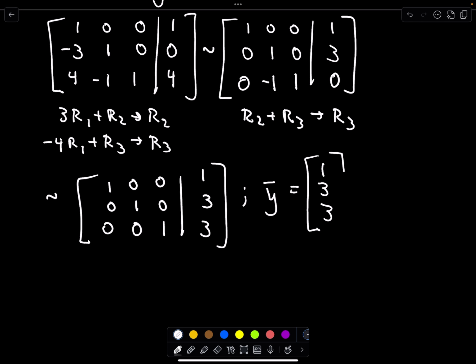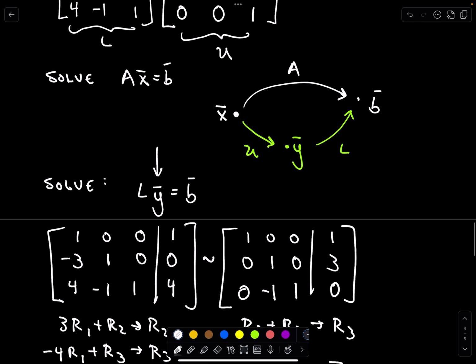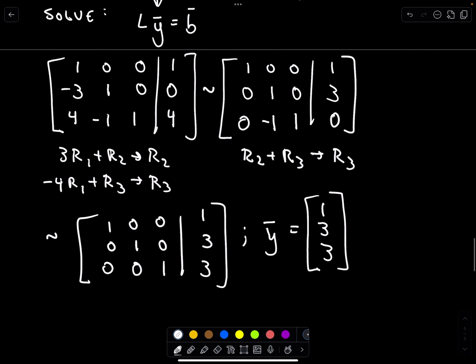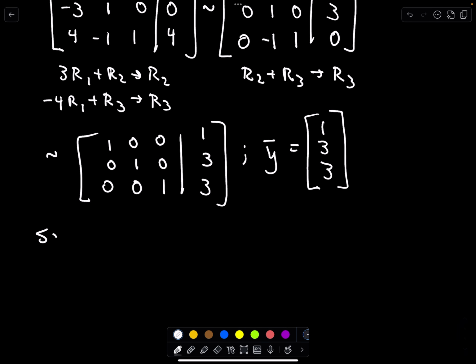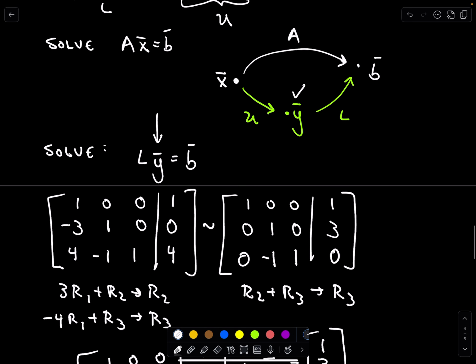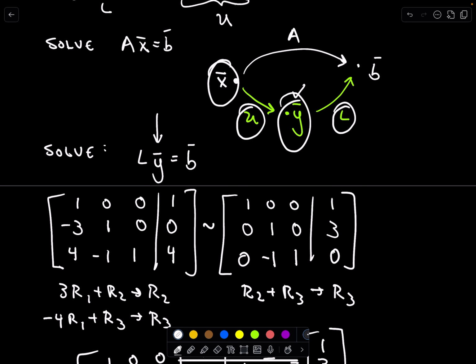That's what I found. Okay, so I've now found this vector y, but now I can do just one more step. Now I'm going to solve this equation. Before, I said L maps what vector to B; now I'm going to think the same thing. I'm going to think U maps what vector to y.